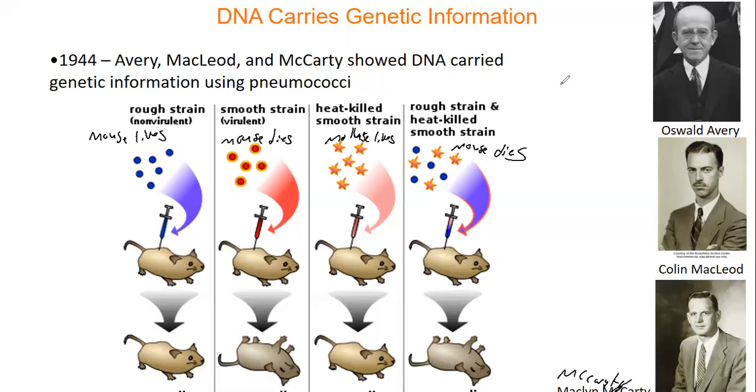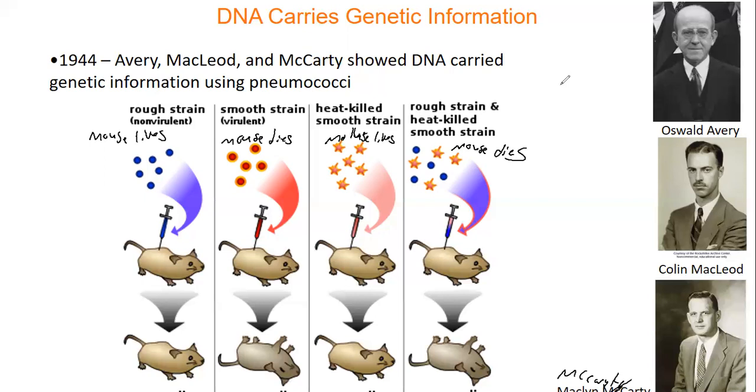So the experiment I'm showing here is by Avery, McLeod, and McCarthy. One of the seminal key experiments, not the only experiment, but one of the key experiments that showed DNA was the carrier of genetic information.